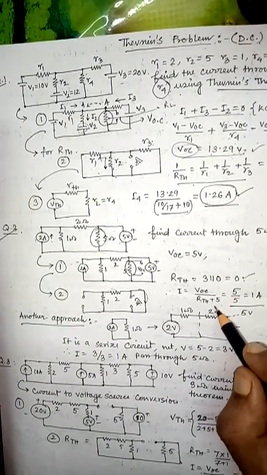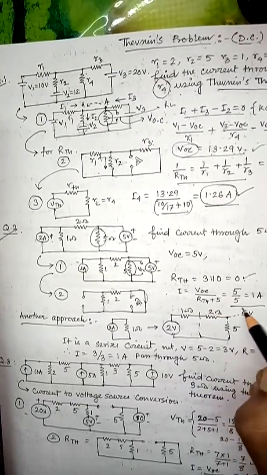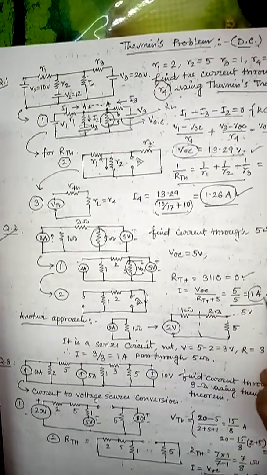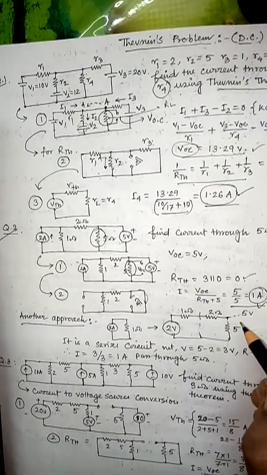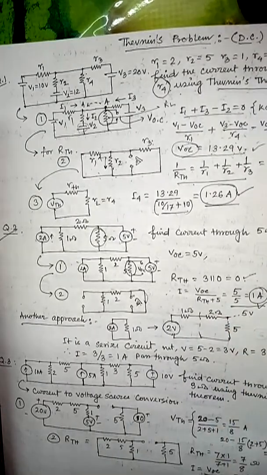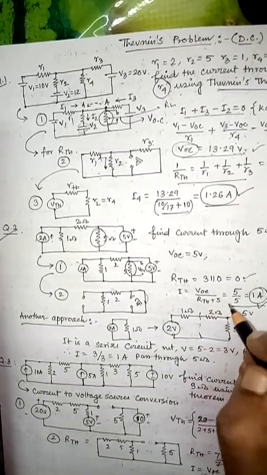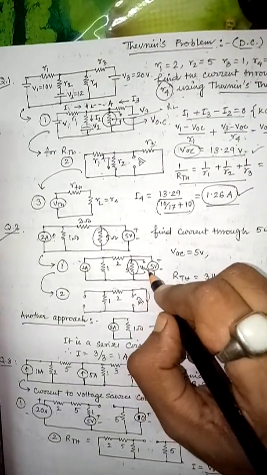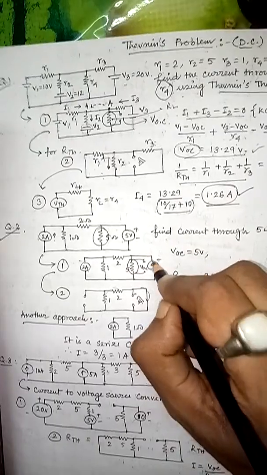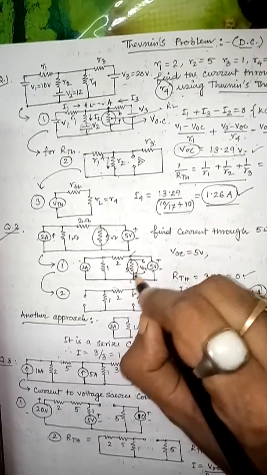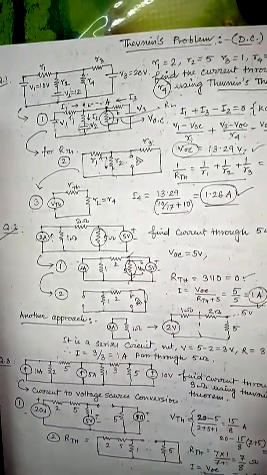Here RTH is 0, so it is 5 by 5, so the final answer is 1 ampere. Here I need not calculate VOC separately because VOC is already known to us. What is VOC? That is 5 volt, so across this the drop is also 5 volt, so the final answer is 1 ampere.